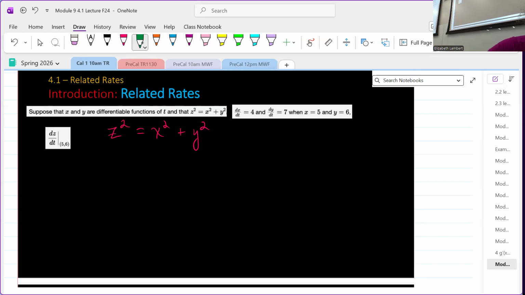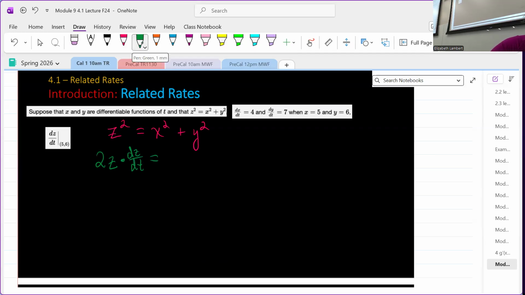All right, so when I take my derivative, the derivative of z squared, I bring my power down and subtract 1, so that'll be 2z times, the derivative of z with respect to t is dz dt.